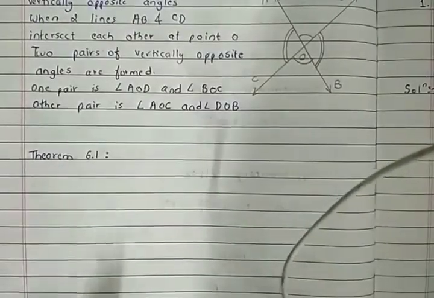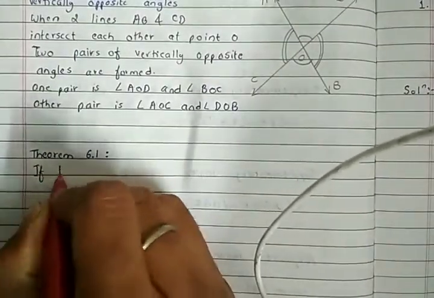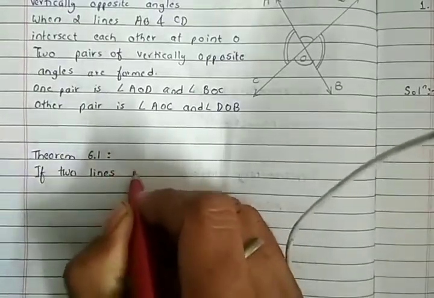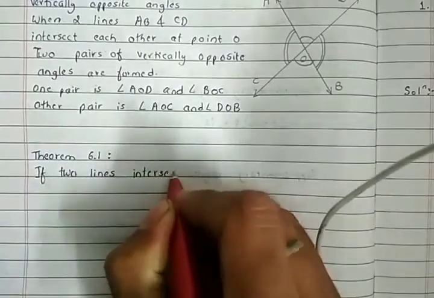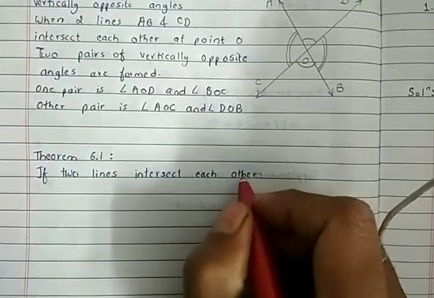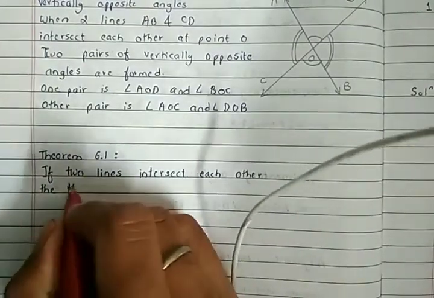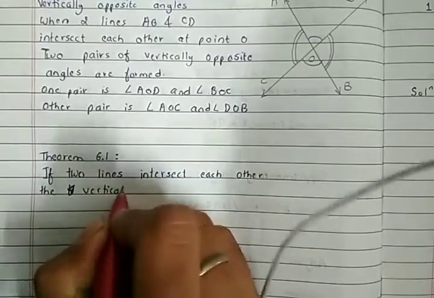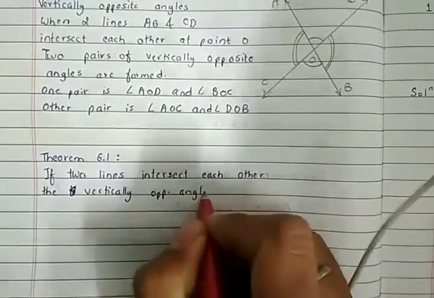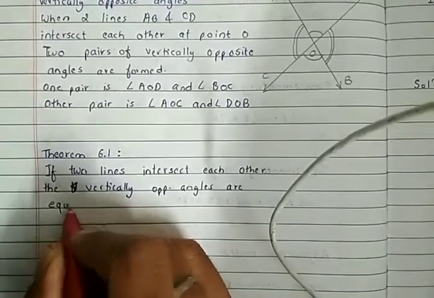Now let us see one theorem. If two lines intersect each other, then the vertically opposite angles are equal.